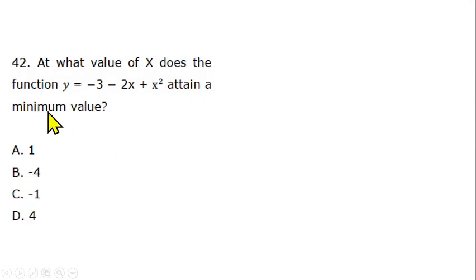Question number 42 is also from the application of differentiation. At what value of x does the function y equal to minus 3 minus 2x plus x squared attain a minimum value? So we are given this function. When does it attain the minimum value?